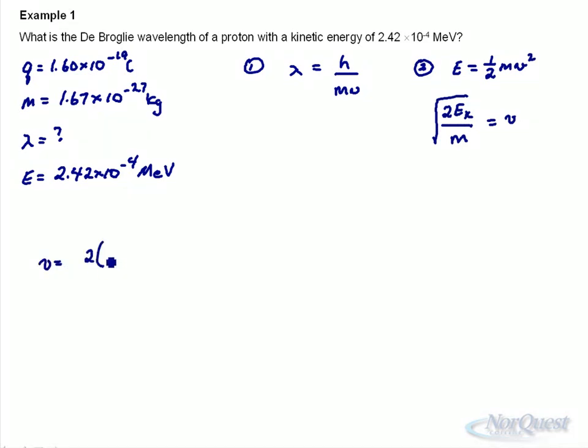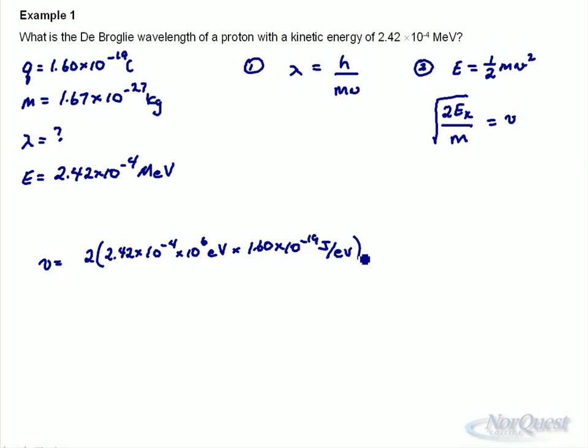2 times 2.42 times 10 to the negative 4 mega, which off your data sheet is times 10 to the 6 electron volts. We also have to convert, times 1.60 times 10 to the negative 19 joules per electron volt.